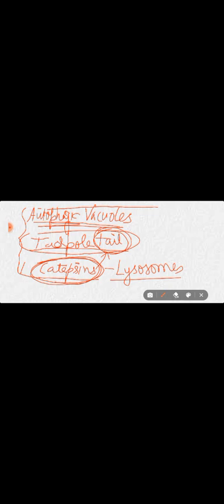Okay, so here we have seen the third function of the lysosome, that it can digest the intracellular substance by a process called autophagy. Autophagy can be observed in many cases, like degeneration of a tadpole tail when it matures to become an adult frog, and it is done with the help of proteolytic enzymes like cathepsins.